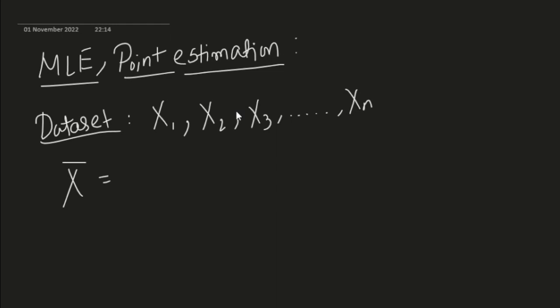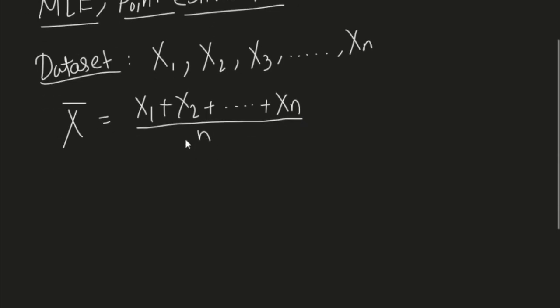Our target is to understand the features of the population given this sample. So firstly, the sample mean is this. Okay, this is the sample mean, and we also know the variance.